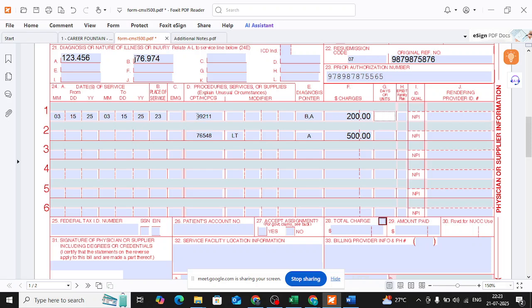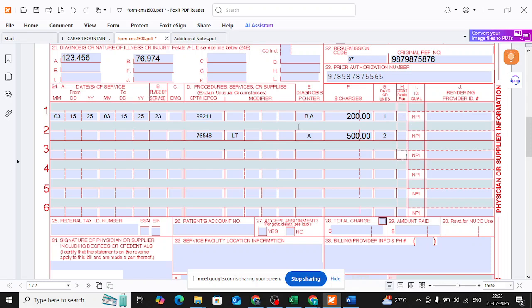For example, if this procedure code is provided only once, fine. But if this is an X-ray and we have taken it twice, the number of units will go here. Box number 24H is reserved for the family plan. I never used it. You can also ignore it.